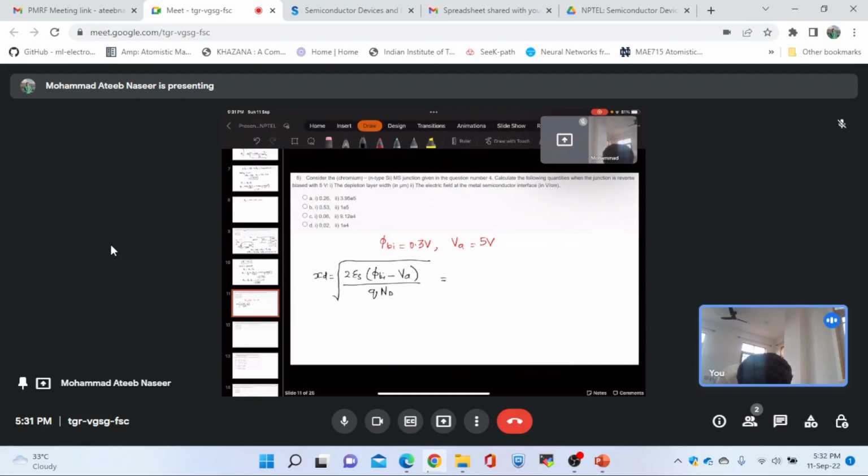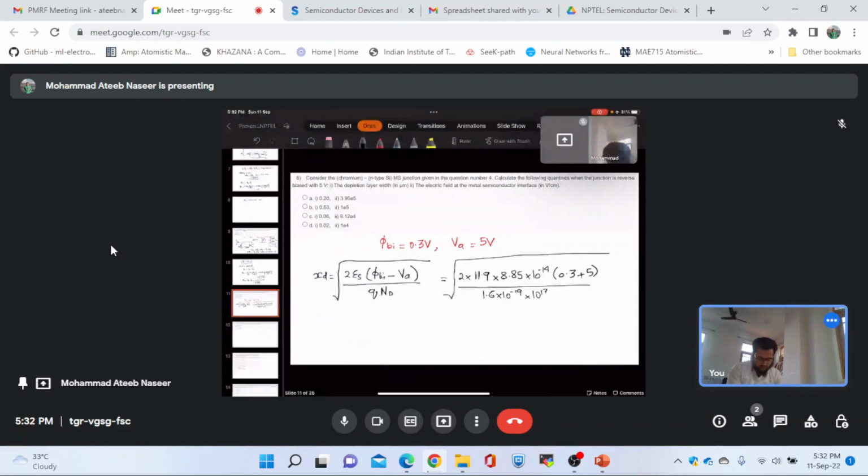So this will be equal to 2 into 11.9, the relative dielectric constant for silicon, into 8.85 into 10 raised to the power minus 14, since we are dealing in centimeters, times 0.3 plus 5 volts, which is the applied bias, divided by Q, the electronic charge, 1.6 into 10 raised to the power minus 19, times the doping, which is 10 to the power 17 as given in the previous problem. This whole term will be under the square root.